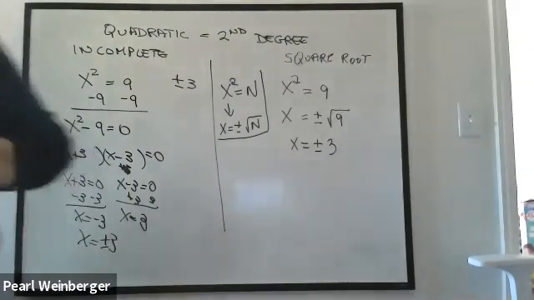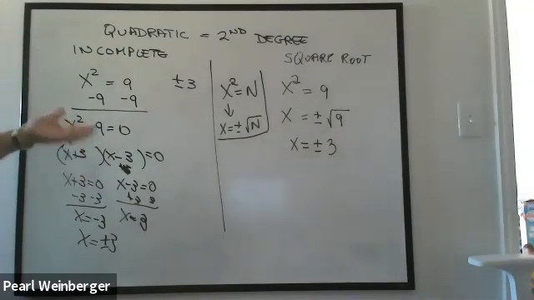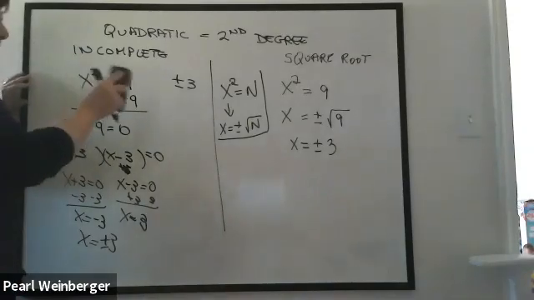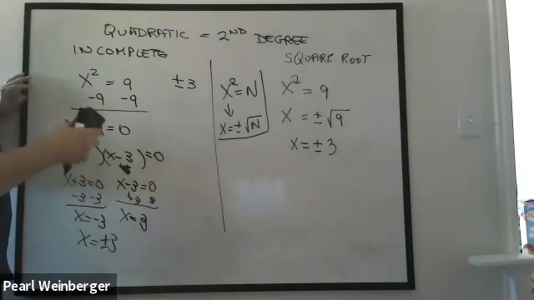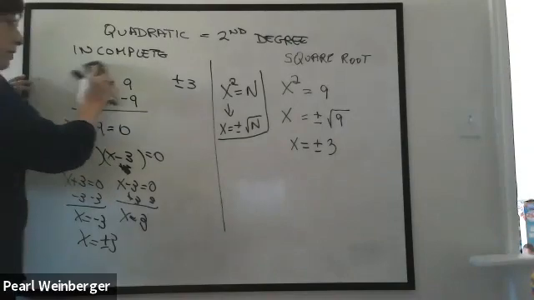So when we have these incomplete quadratics, these quadratics that only have the square term and don't have the plain x, we can use the square root method. And I'll show you some examples where it wouldn't be possible to do it by factoring, but it can be done using this method.